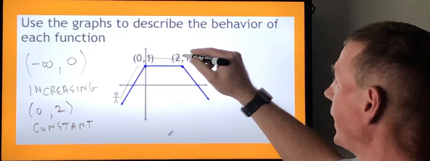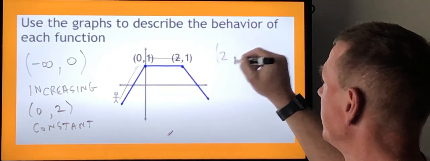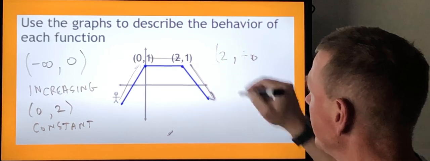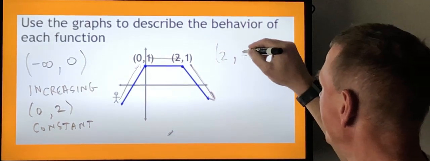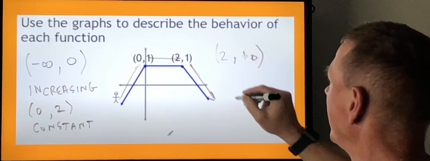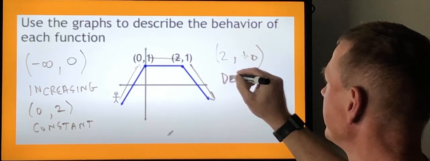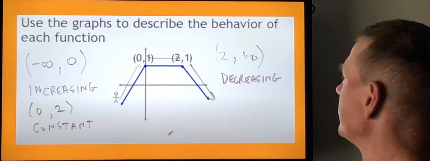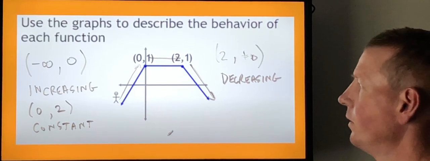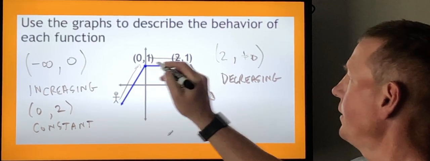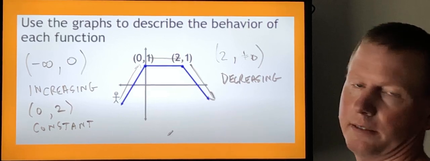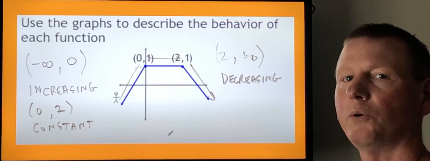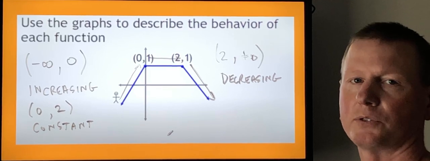And then from the x value of 2 to positive infinity, that's this interval, we have a decreasing situation. Okay? So again, increasing, constant, decreasing. Describing the graph based on what is going on in the different intervals of the graph.